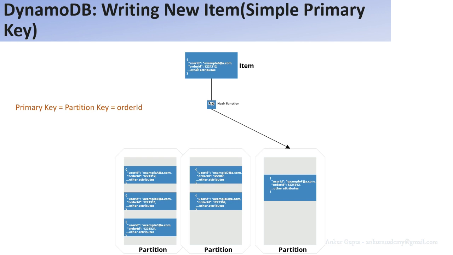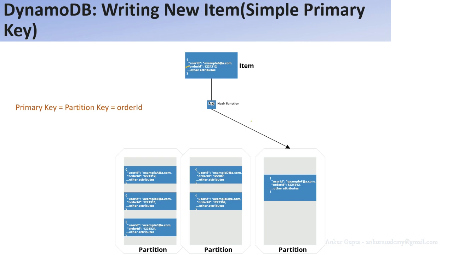In this case, we have order ID inside the item as partition key. So DynamoDB, before writing this whole item to our table, will pick order ID, and it will send this value as an input to its internal hash function, which will give out the partition ID or the partition in which the item will be stored.